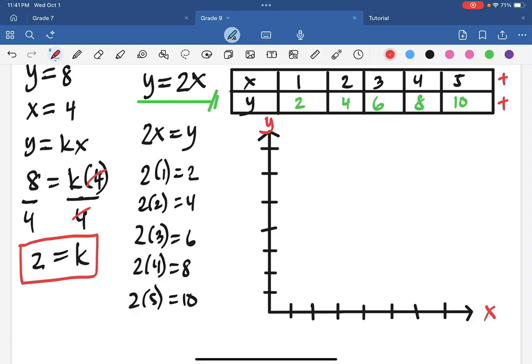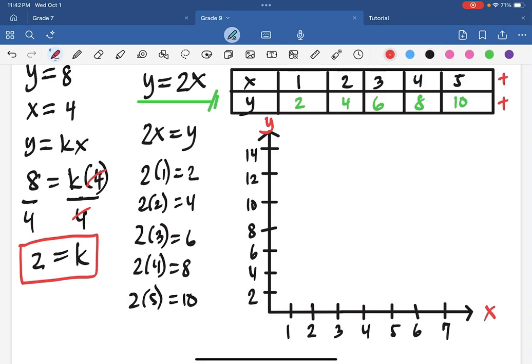So we're going to have 1, 2, 3, 4, 5, 6, and 7. And for y, instead of using 1 to 10 or more than that, let's just have intervals of 2 to make it easy. So we have here 2, 4, 6, 8, 10, 12, and 14. Now let us plot the coordinates given by x and y.